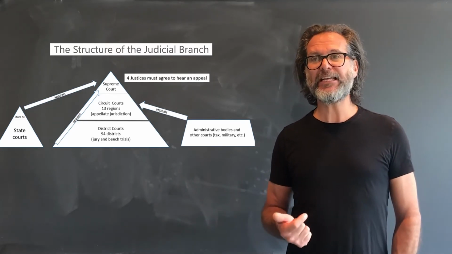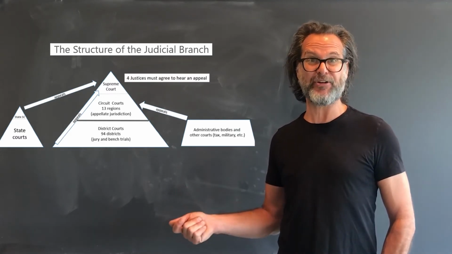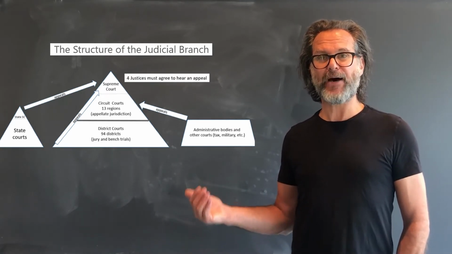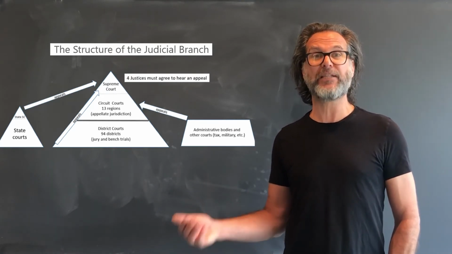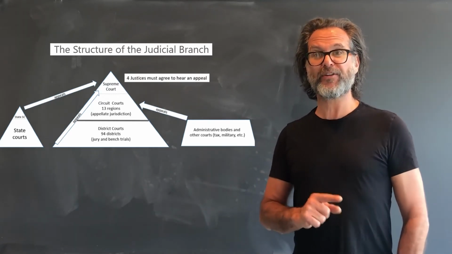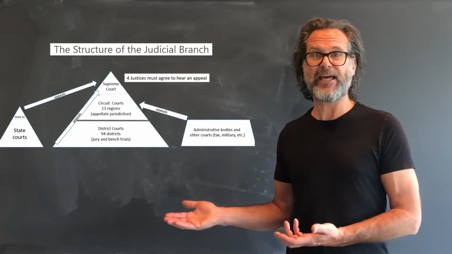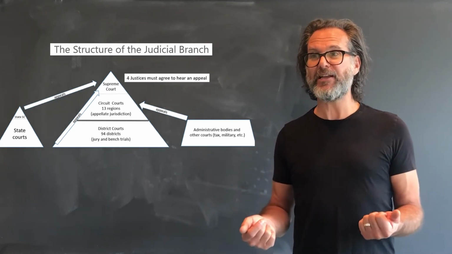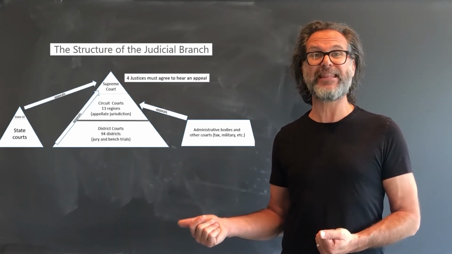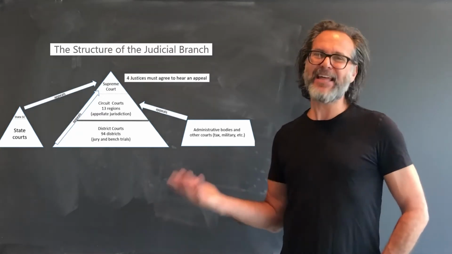The FEC considered that documentary to be a piece of electioneering material as defined by the law, and applied the restrictions that the Bipartisan Campaign Reform Act applied to electioneering materials. One of the things that the Citizens United lawyers were arguing was that was a misapplication of the statute, that was a mistake, that a documentary is a piece of entertainment, not a piece of electioneering materials, and therefore the law doesn't apply. To that extent, it's not that interesting of a case.